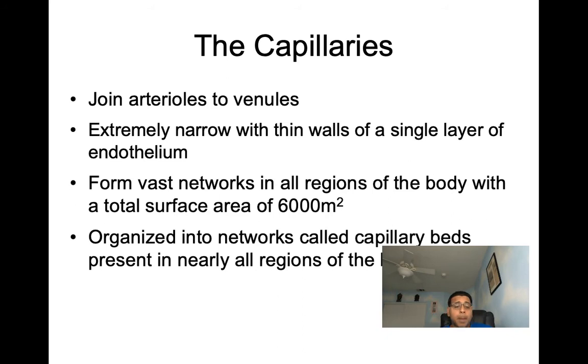Also scattered amongst capillary beds we'll see are going to be lymphatic vessels. Each capillary bed is going to have an arteriovenous shunt. This arteriovenous shunt is also called an anastomosis. These anastomoses, or arteriovenous shunts, are going to allow blood to go directly from an arteriole to a venule, bypassing the capillary bed.